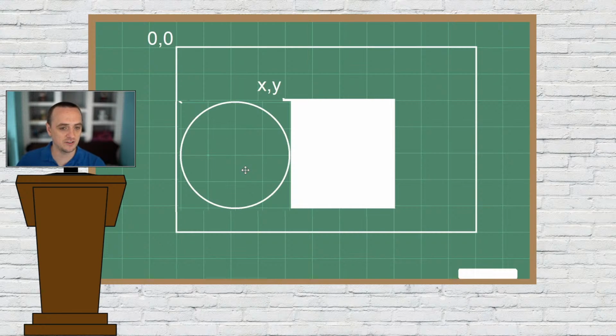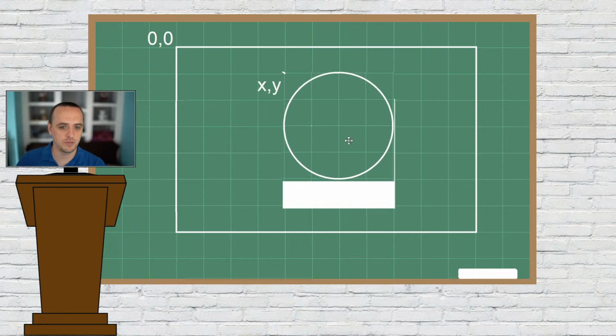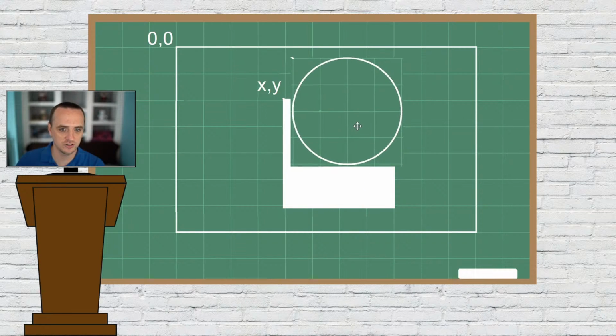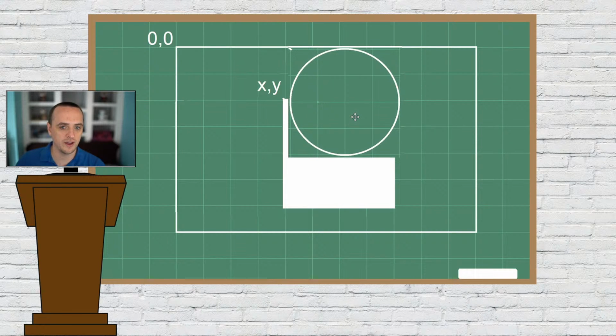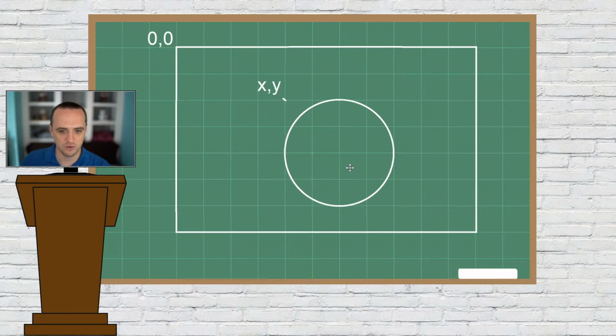And when the left-hand side of the circle hits 0, we know that we're touching the left-hand side. Similarly, when the top of the circle, its Y position, is less than 0, we know that the circle is touching the top.